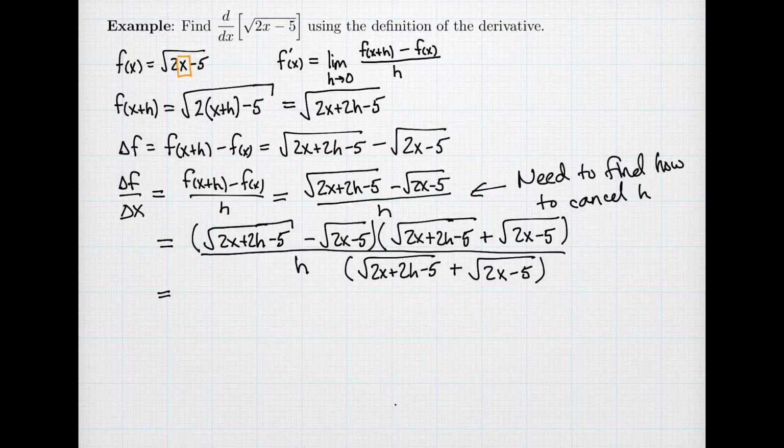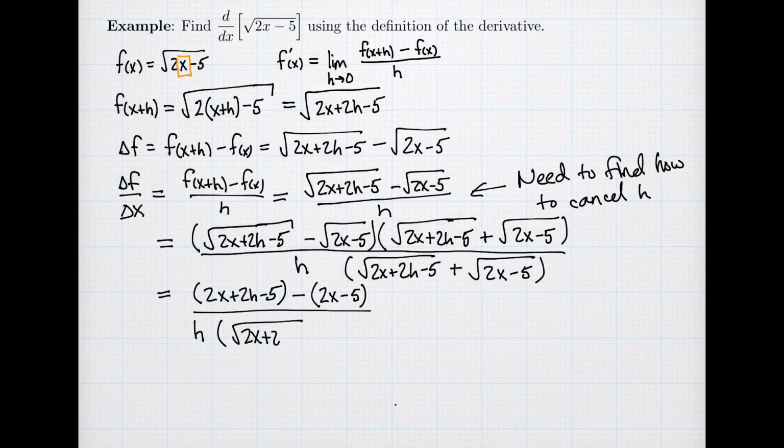So when I multiply the conjugates, I get the first term in the square root gets squared, so the square root goes away. And then I subtract the second term in the square root is squared, and so the square root goes away. The numerator looks simpler. I still have an h, and don't forget that the denominator needs its conjugate, the square root of 2x plus 2h minus 5 plus the square root of 2x minus 5.